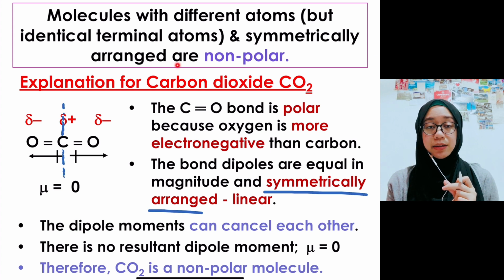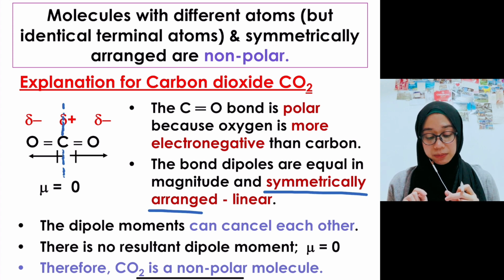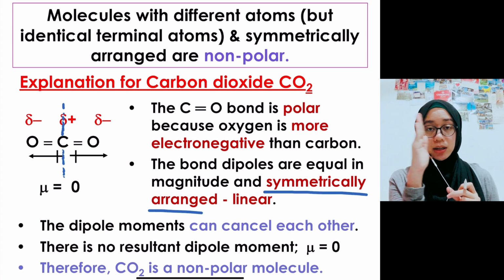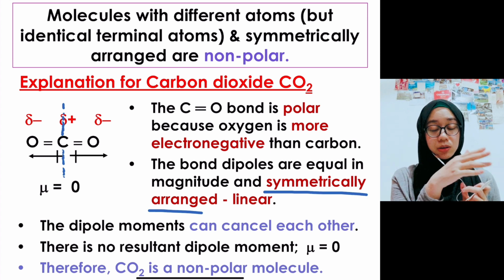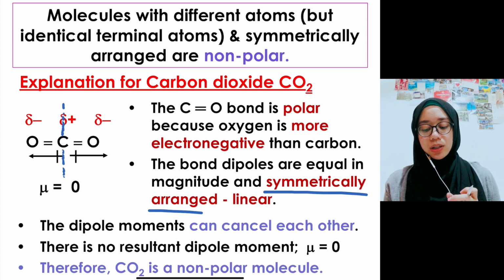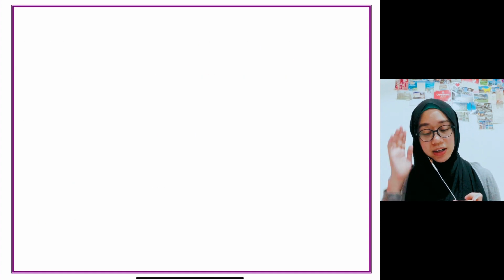Okay, symmetrically arranged sebab kalau tadi macam Miss pesan tadi, dia adalah linear kan. Bila kita bagi dua, you can see that kanan ada oksigen, kiri pun ada oksigen. Okay, therefore they are symmetrically arranged. So this one will be considered as non-polar. Okay, so kena try make sense benda ni.